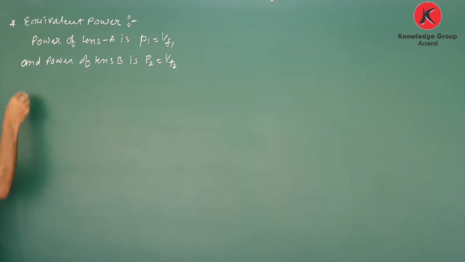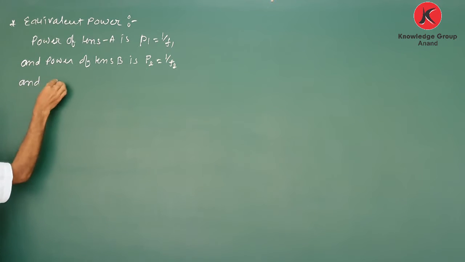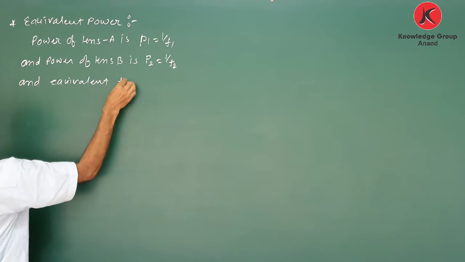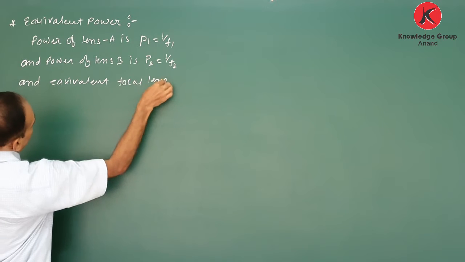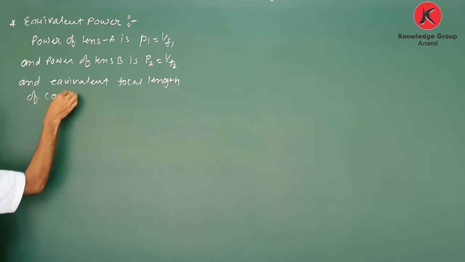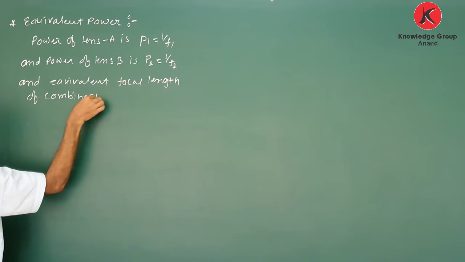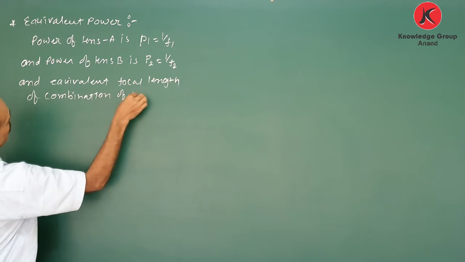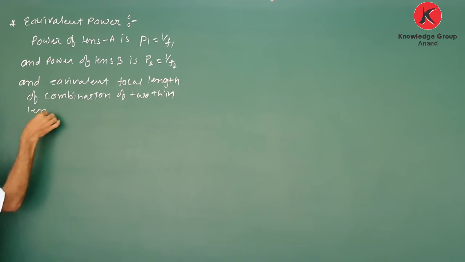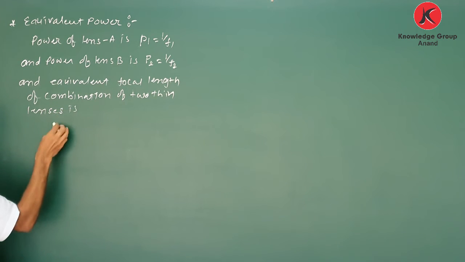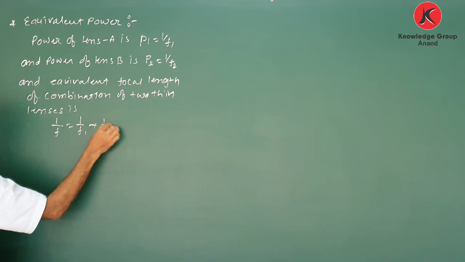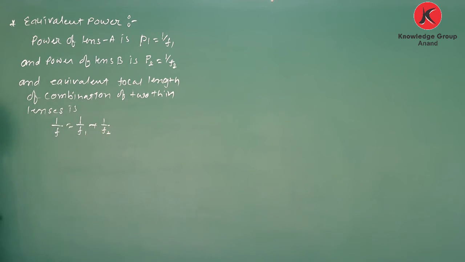Right? And the equivalent focal length of a combination of two thin lenses is 1 upon F equals 1 upon F1 plus 1 upon F2.